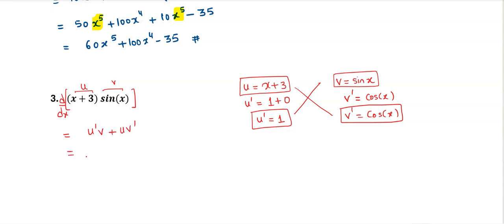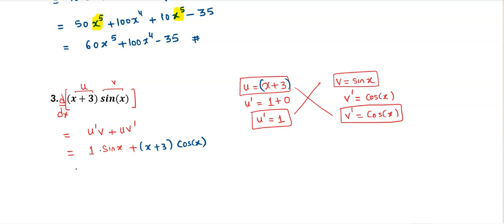So this is equal to u dash, which means 1 times v, which is sine x. So you don't need a bracket. You can remove this because there is only one term. Okay. And then plus, since there are two terms here, x plus 3, it is better to put a bracket. Okay. x plus 3 times cos x.